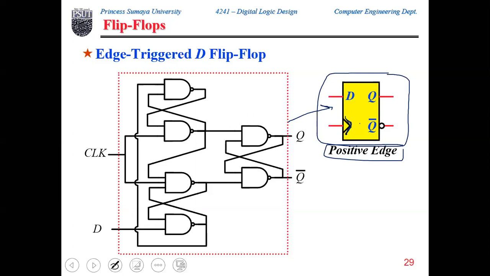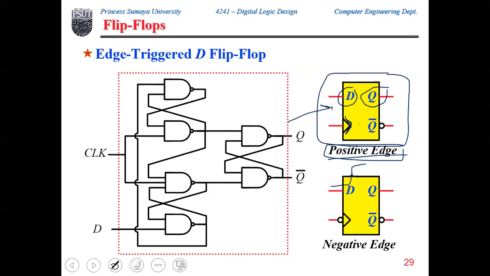It is a positive edge-triggered flip-flop, which implies that D only affects Q at the rising edge. The flip-flop might be negative edge-triggered, which implies D affects Q at the falling edge only. And this is illustrated by having a bubble here.